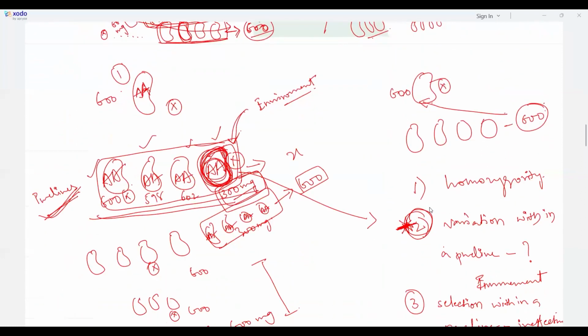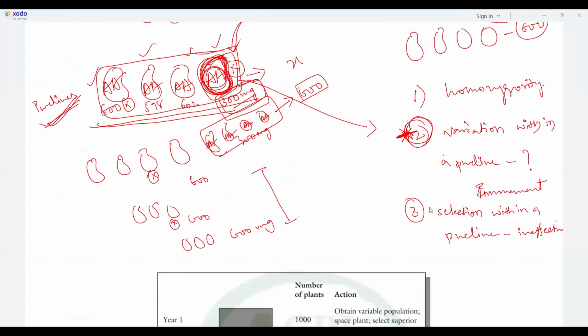Just remember what are the main features of the pure line theory, who gave it, in which crop, what is the common name, scientific name. And one more thing is that whenever you come across the examples of the crops, like in which crop they have given it, also try to read about the chromosome number of that crop. Okay. It is most important.